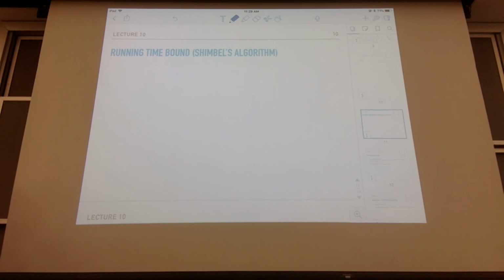So how many iterations can there be? Number of edges is one answer, depth of tree is another answer, but what is the tree here? BFS tree. The BFS graph.